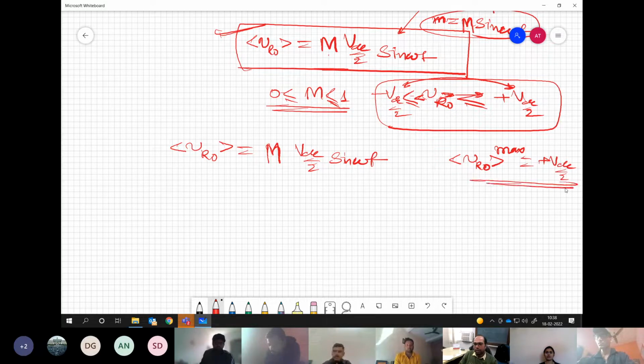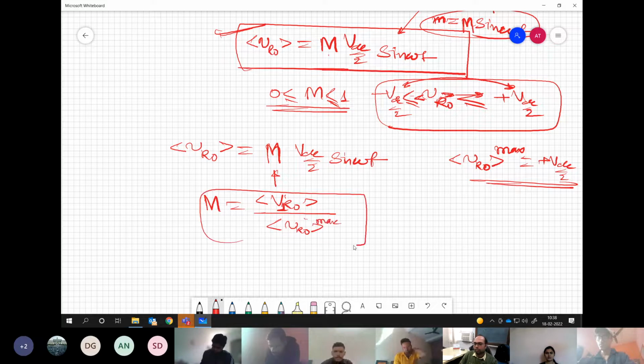So then modulation index is again the ratio between the actual voltage divided by the maximum VRO. So, okay, let me write in these terms: VRO max. This is the definition we have given for the low switching frequency case as well, right?